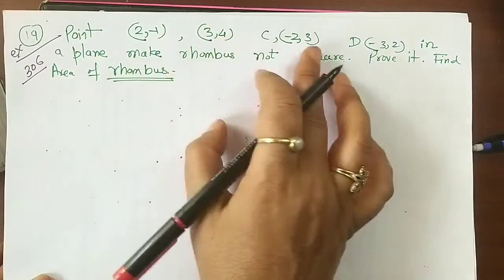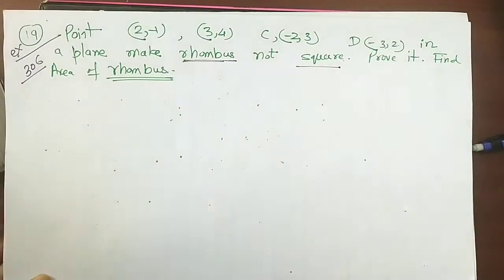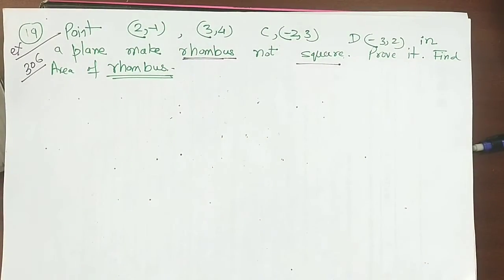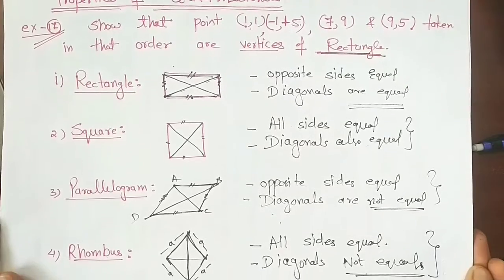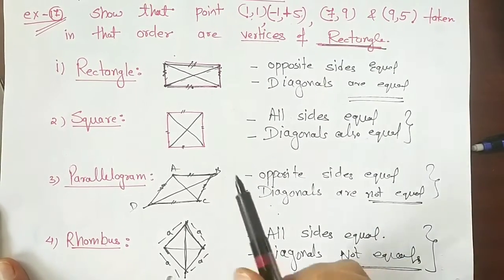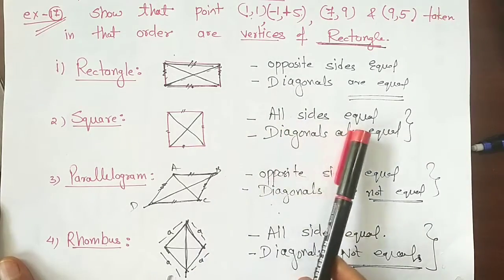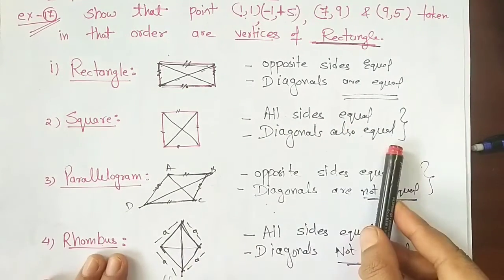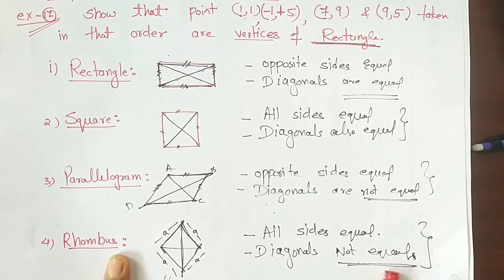So these are the 4 points you have to prove that they make a rhombus, not a square. So you will have the same information handy that you have written in your formula notebook. What is the difference between a square and a rhombus? See, in a square all sides are equal and diagonals are also equal, whereas in a rhombus all sides are equal, diagonals not equal.